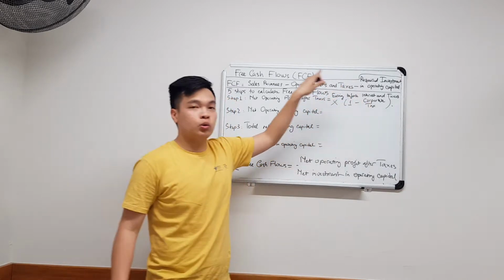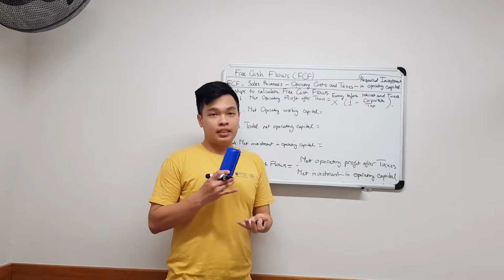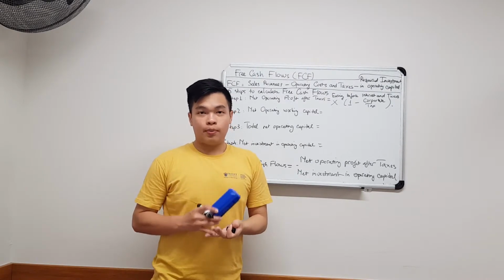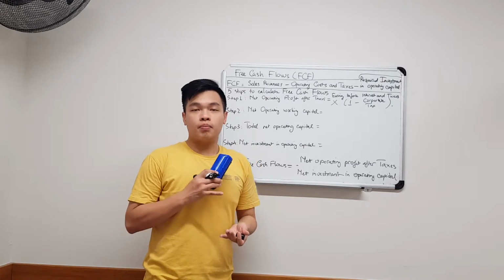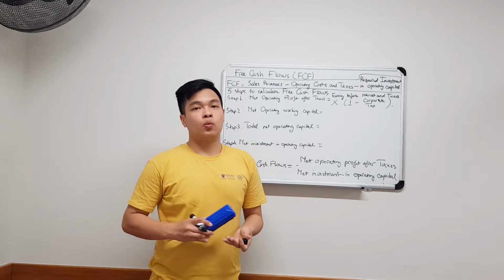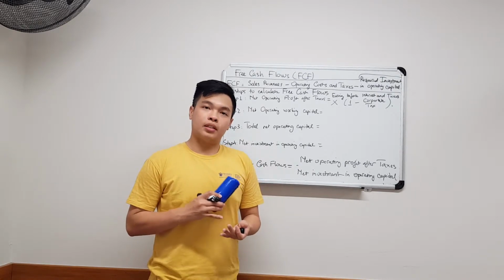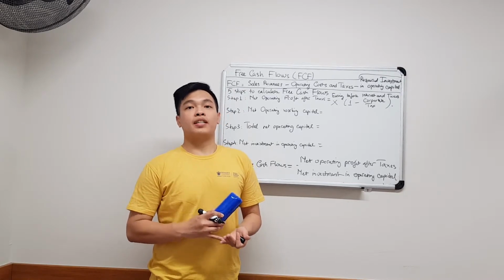To determine net operating profit after tax, we take EBIT, earnings before interest and tax, and multiply by 1 minus the corporate tax rate. Then we have net operating profit after tax.